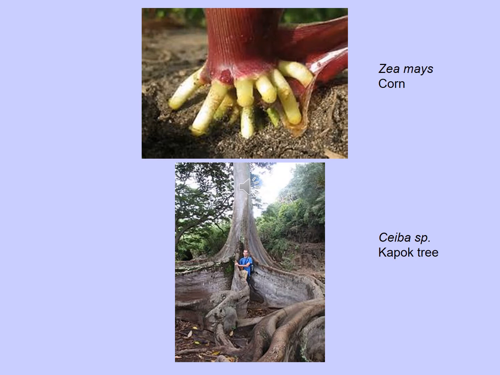The bottom one looks like a kapok tree, a tropical tree, and these buttress roots are actually roots growing off of the trunk, which is stem tissue. And again, this is a way for this plant to stabilize itself. Tropical soils are typically very thin.